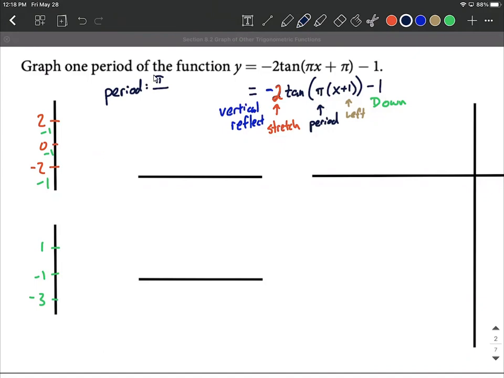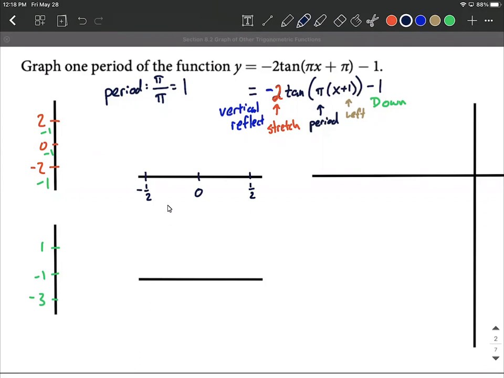So you start with the original period, pi for tangent, and then you divide by this multiple that's on the inside. Our period in this case is pi divided by pi, which makes 1. How that's going to affect us is we're going to go from -1/2 to +1/2. Now this is not taking into account the leftward shift yet.